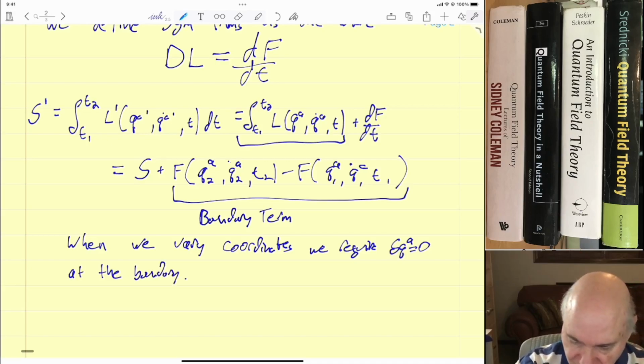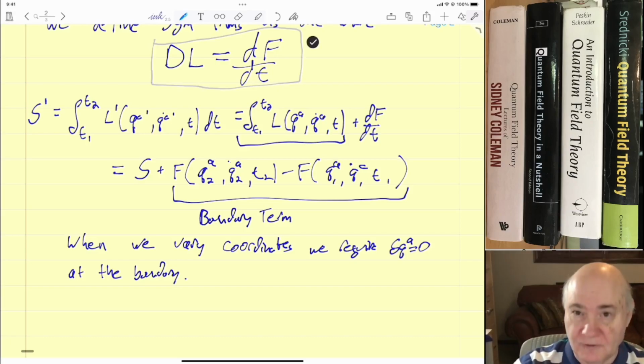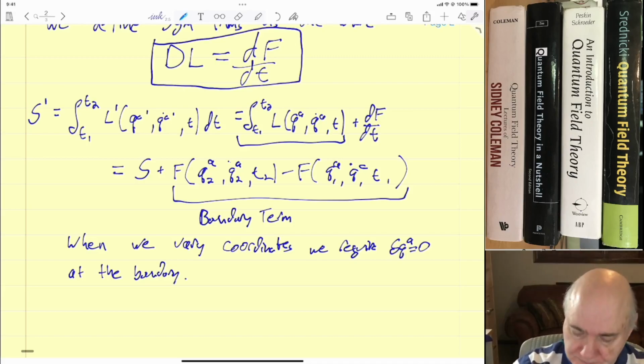So if S is stationary, has no variation, and this is just a constant, whatever it is, then S prime will be stationary. So that's why we get this definition of a symmetry transformation. As long as the change in the Lagrangian, it doesn't have to be 0. Many times it is 0. But it doesn't have to be 0. As long as it's a total derivative, we're still okay.